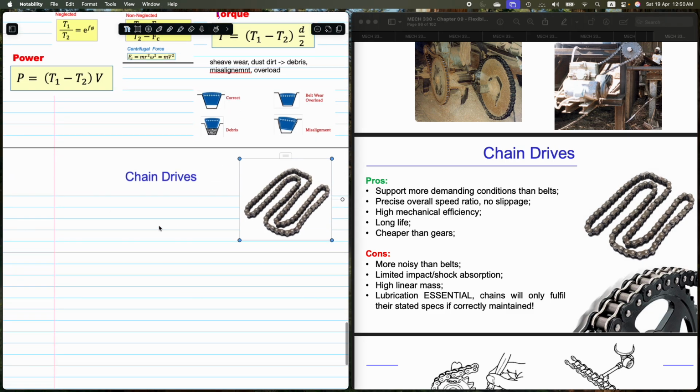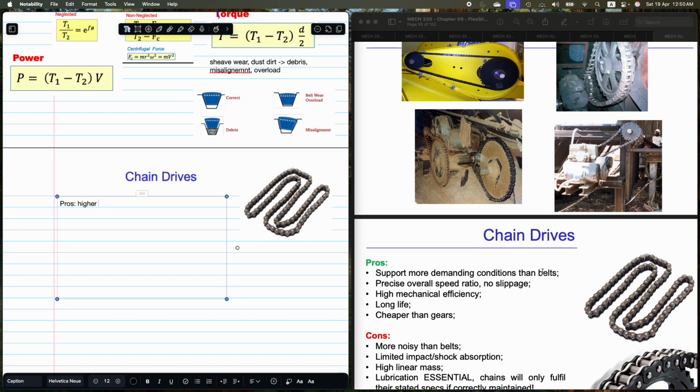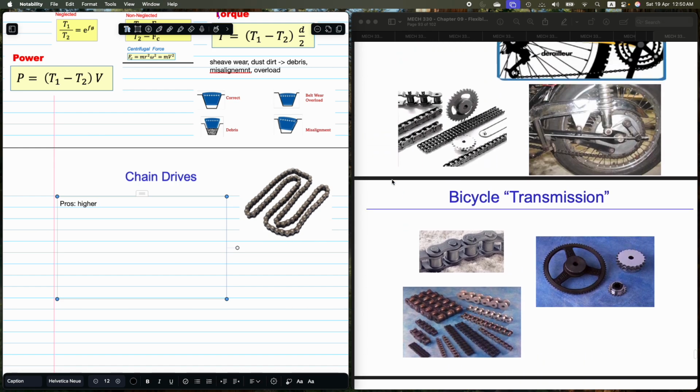With this you have pros. Supports more demanding conditions than belts. What does that mean? You mean like higher power transmissions?